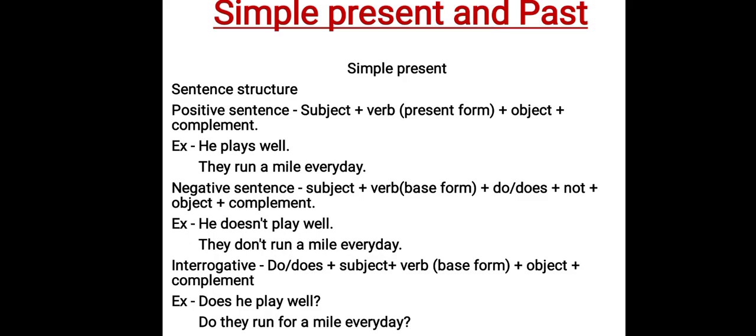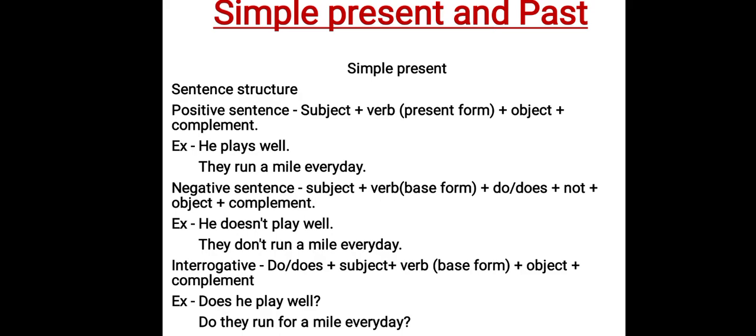First person singular plural, second person singular plural, and third person plural nouns, we use do. Third person singular subjects we use does. What are the singular subjects in third person? They are he, she, it, and singular nouns. So here you can see he has taken doesn't, they is the third person plural, so we have used don't.